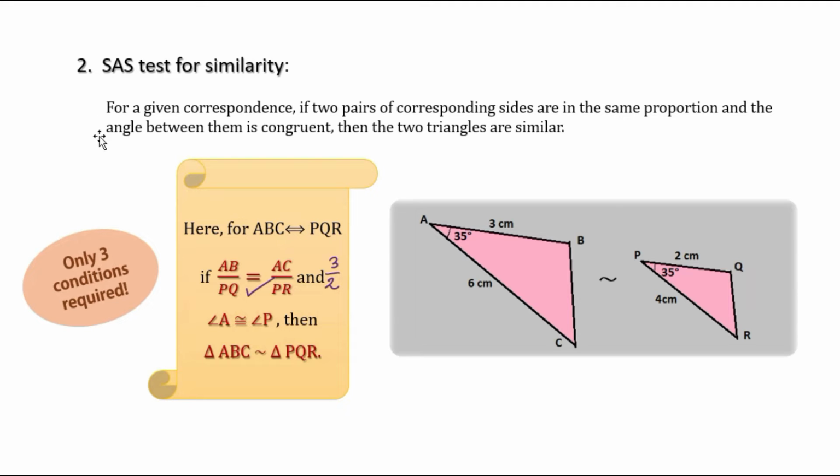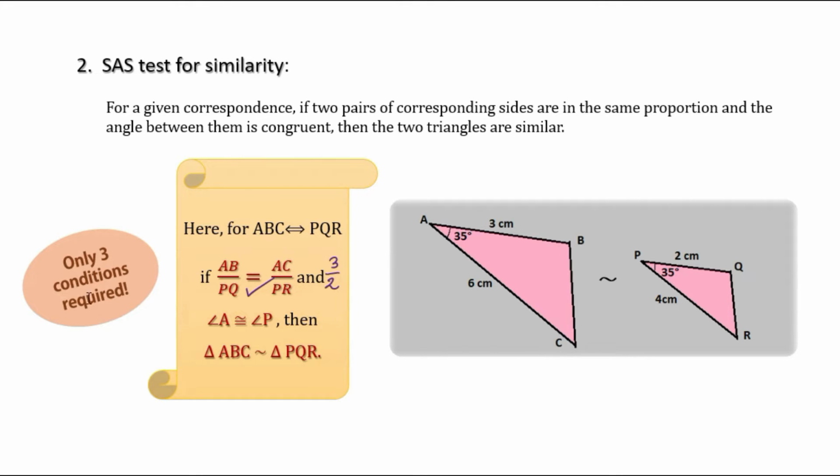So this is the SAS test for similarity. By checking this condition and this condition, although it looks like two conditions, they are actually three conditions, because we are considering this one side, this angle, and this other side. These three things we are going to check.